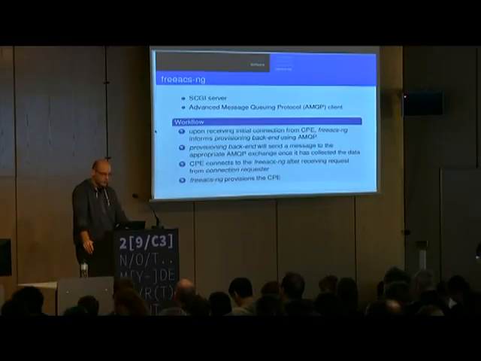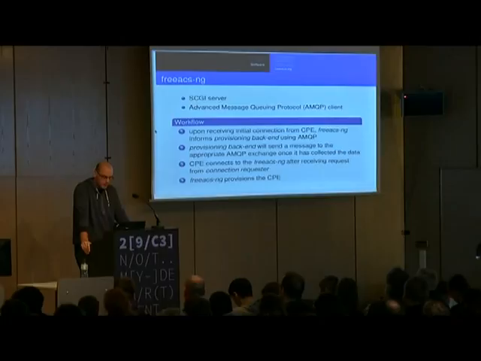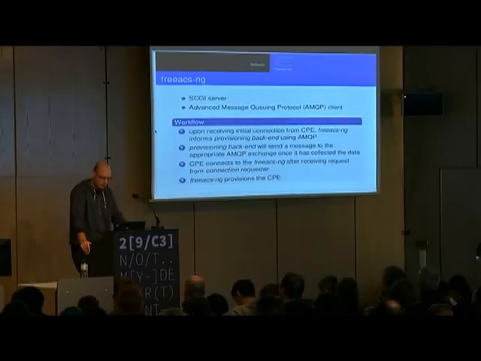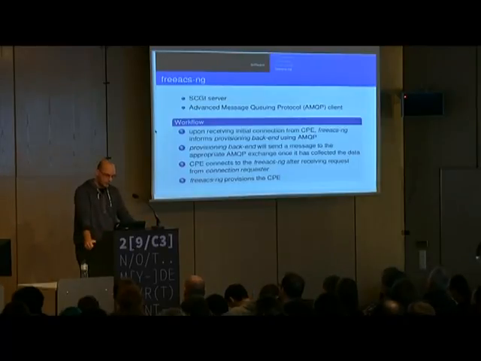So at the moment, the workflow is something like this. FreeACS-NG receives an Inform connection message from the CPE and sends the message to the backend AMQP. The provisioning backend will then pick up this message and will do some magic, right?